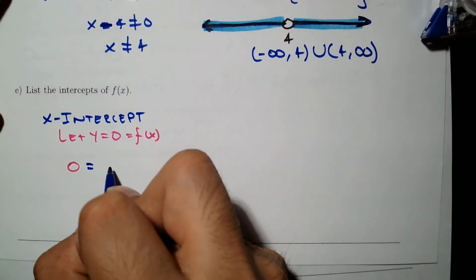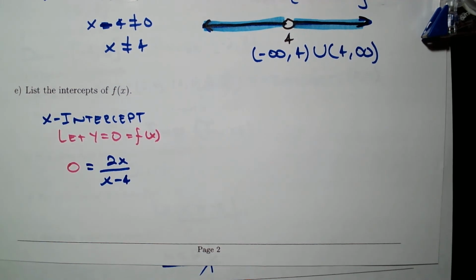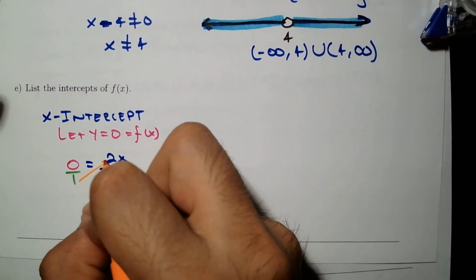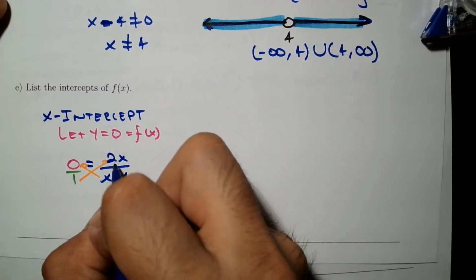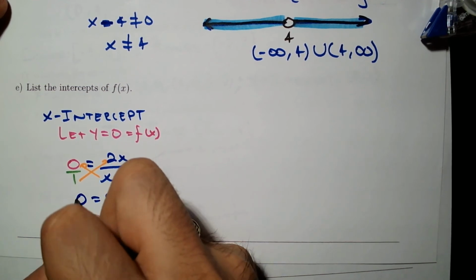So 0 equals 2x over x minus 2. Solving this equation for x, this is the same as saying over 1 and cross multiply. We get 1 times 2x, which is 2x, and x minus 2 times 0, which is 0.